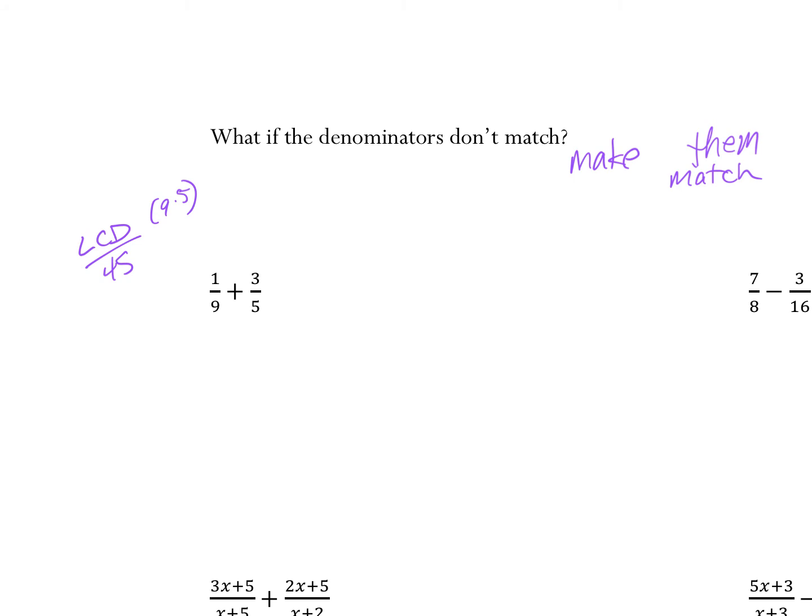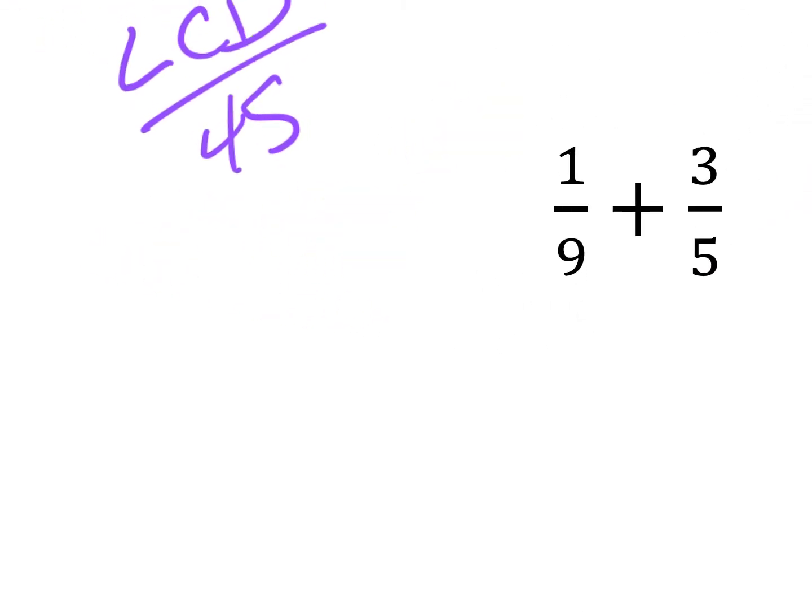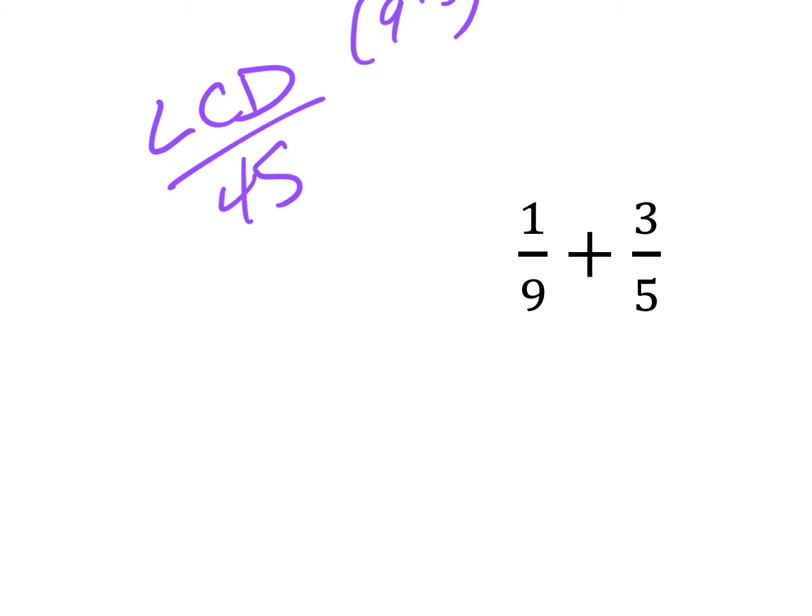I like to think about it as, first of all, what is that least common denominator? And then I go through what each fraction needs. What does a 9 need to become 45? It needs a 5.